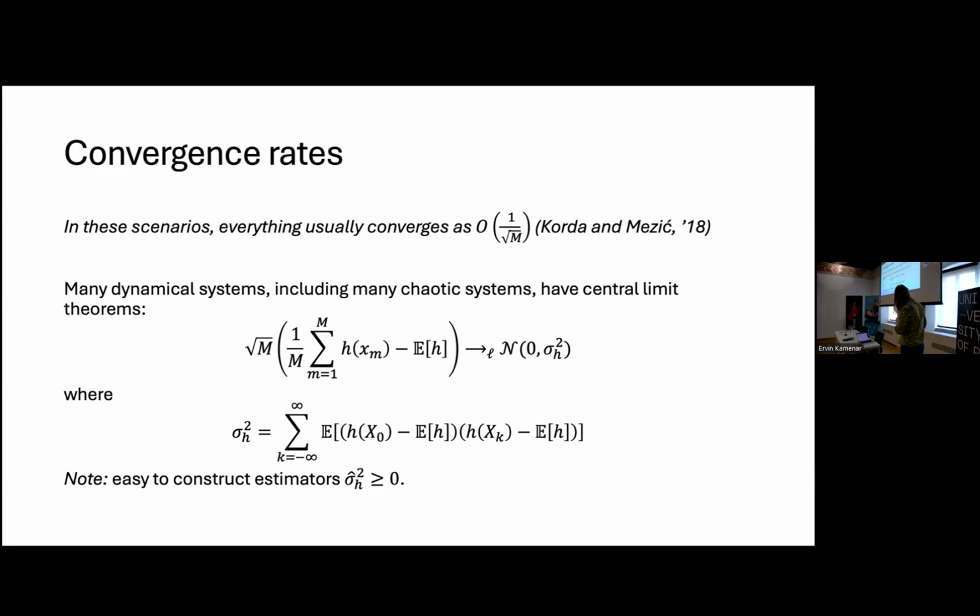You expand out the variance, and you get, at least formally, an expression of this if you take the limit. It looks a bit nasty because it's an infinite sum of things that maybe you want to approximate by Monte Carlo, but it is quite possible to construct estimators of this that are asymptotically accurate as we take data to infinity and also stay positive, as you would hope a variance to do.